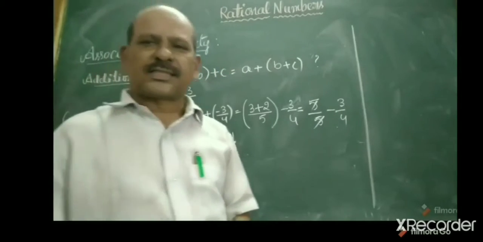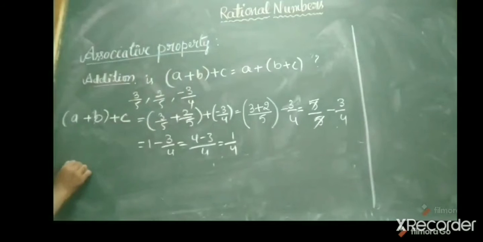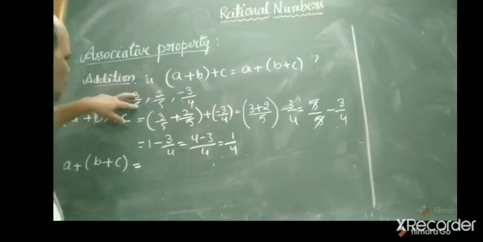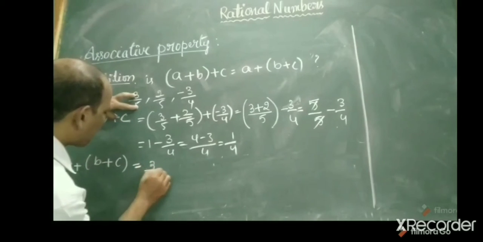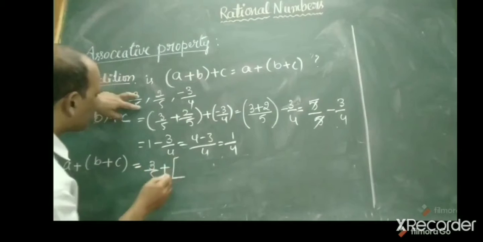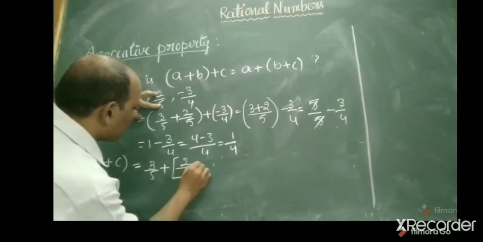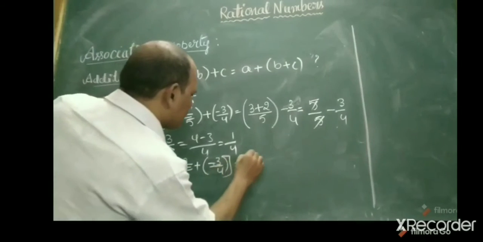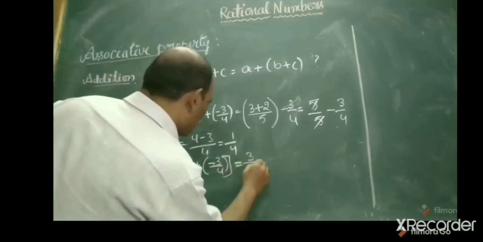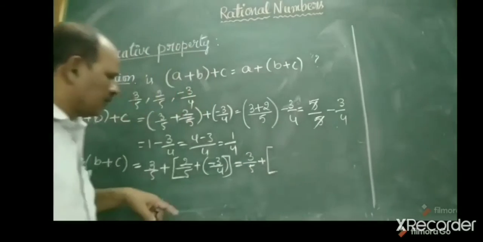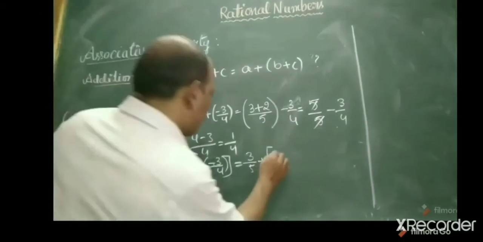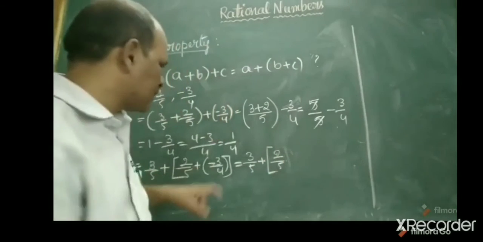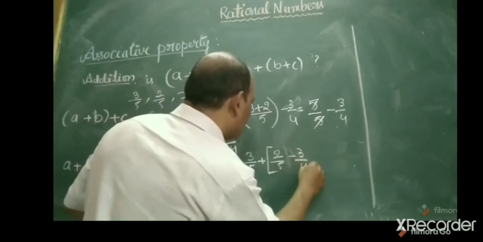Now the RHS, that is A plus bracket of B plus C, is equal to, A is 3 by 5 plus square bracket, B is 2 by 5 plus C is minus 3 by 4, is equal to 3 by 5 plus bracket 2 by 5 plus minus 3 by 4.